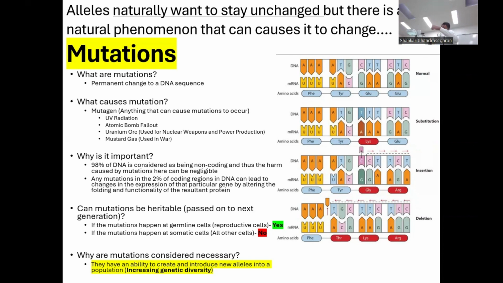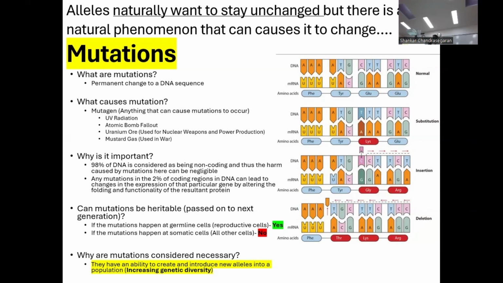So now the next question is, can these mutations be passed on to the next generation? So when you have kids, would you pass on any mutations you accrue throughout your lifetime? And that depends on basically where the mutation occurs. So throughout your body, most of your cells are non-reproductive cells, right? We call them somatic cells. Somatic cells are basically every other cell in your body that doesn't act as a reproductive cell.